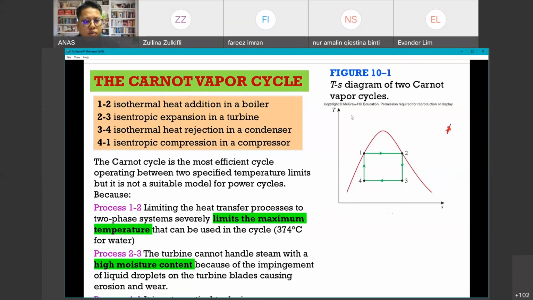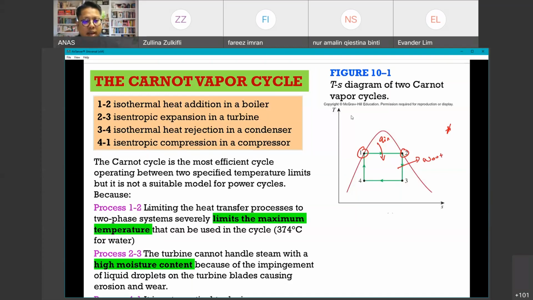1 to 2 is the isothermal heat addition in the boiler. So 1 to 2 is isothermal heat addition, Q in, that's the boiler. 2 to 3, isentropic expansion in a turbine. So basically when we have a turbine, meaning that we have W out. 2 to 3.